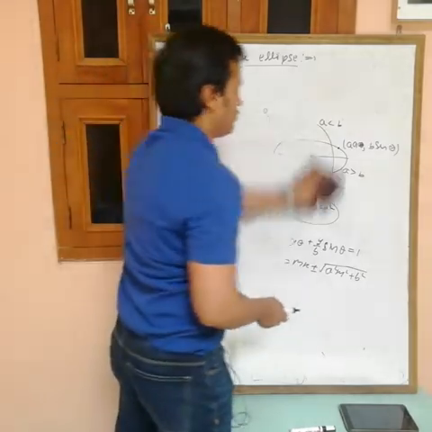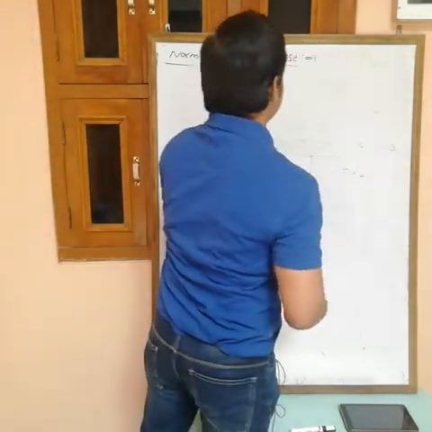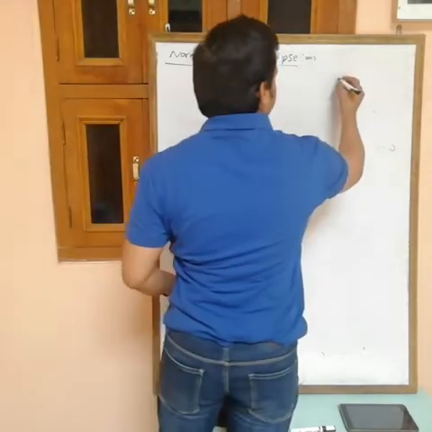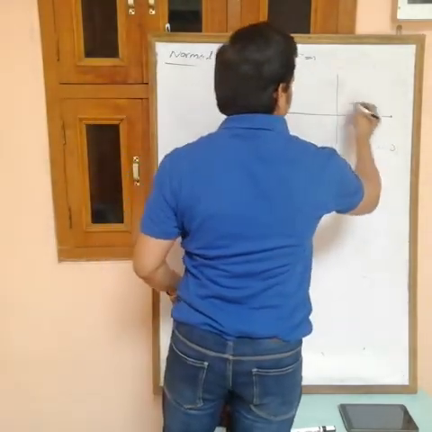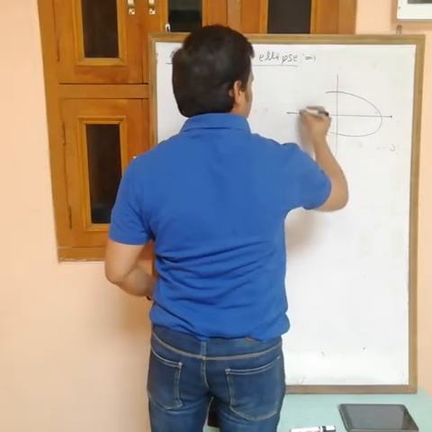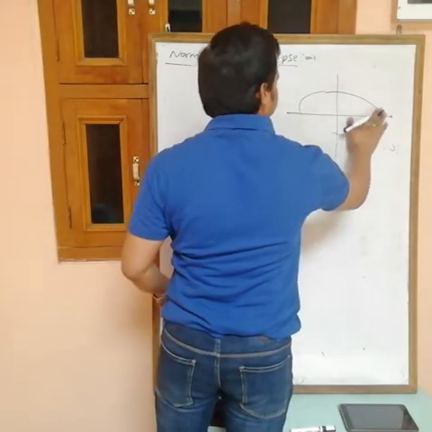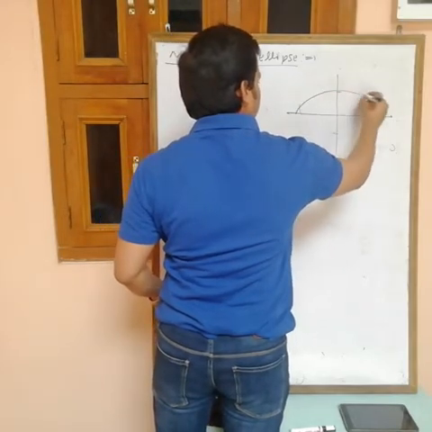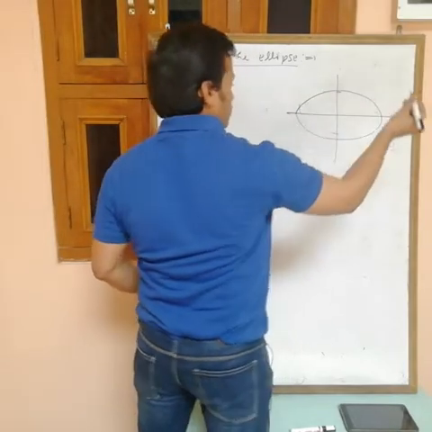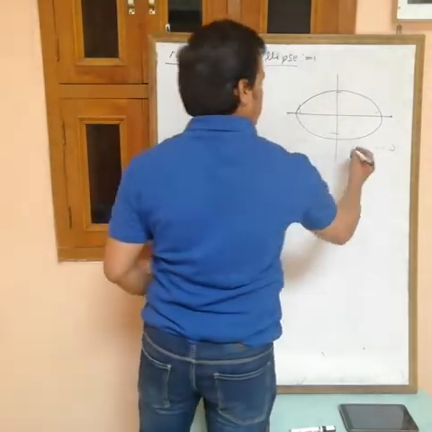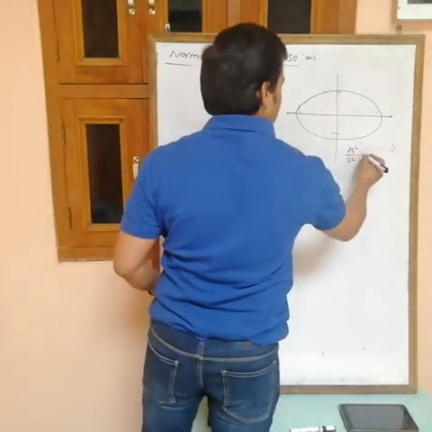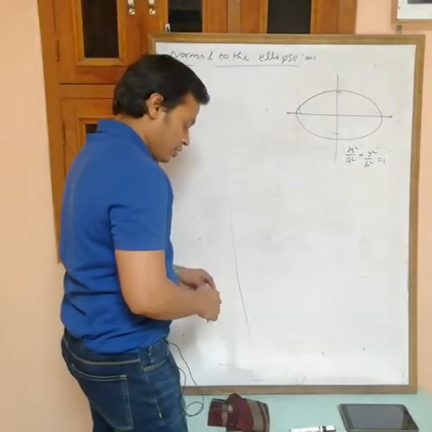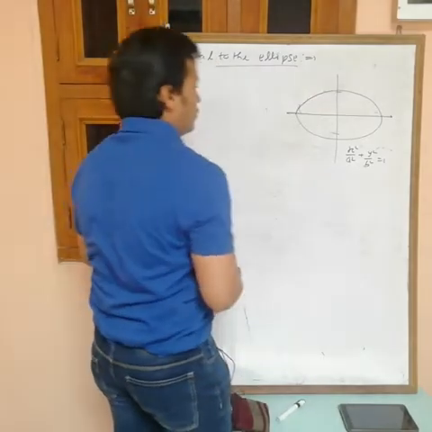Now we want equation of normal. Okay, so suppose this is the ellipse x square by a square plus y square by b square equals to 1, and you want equation of normal at any point.